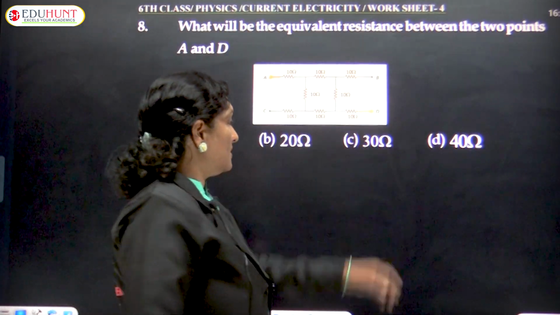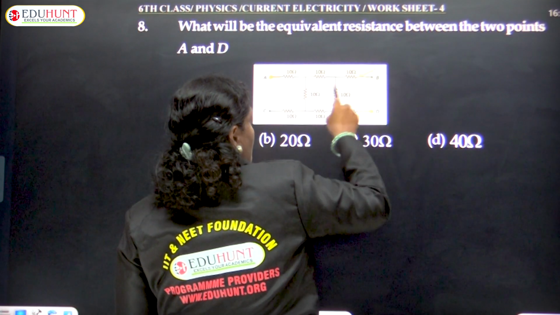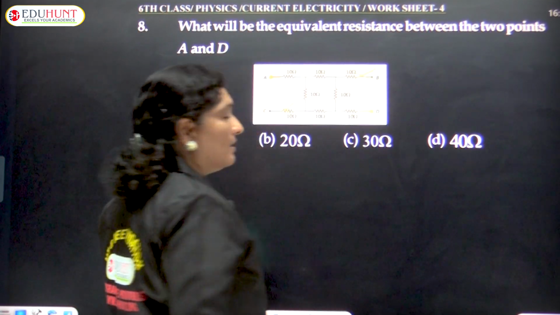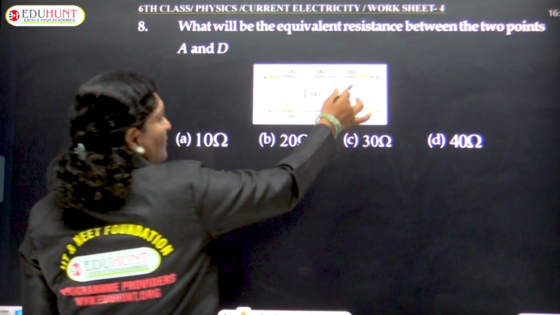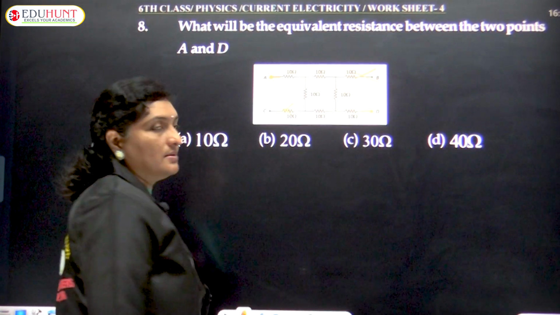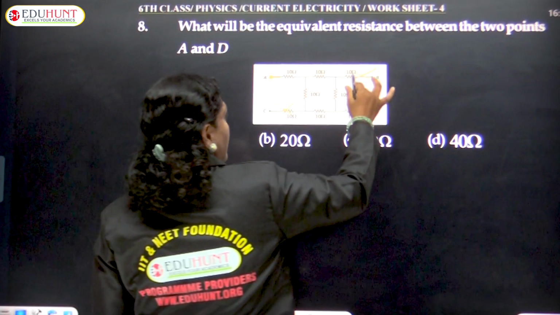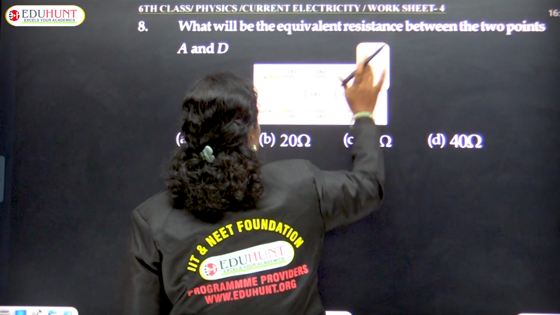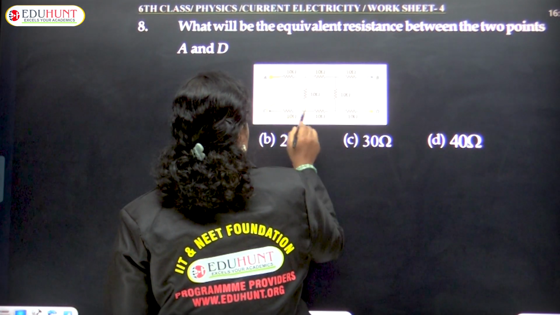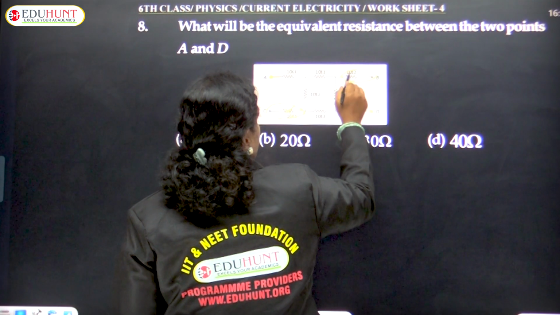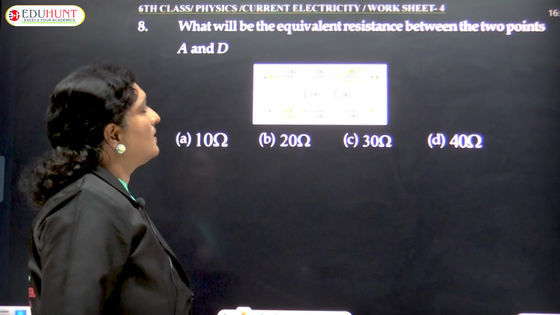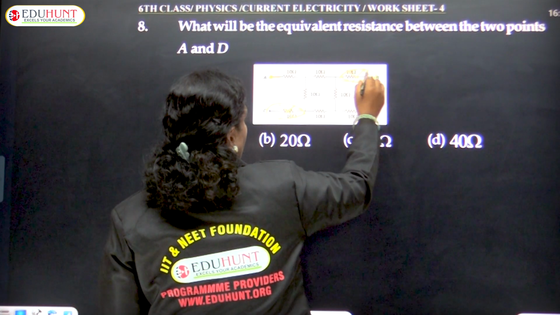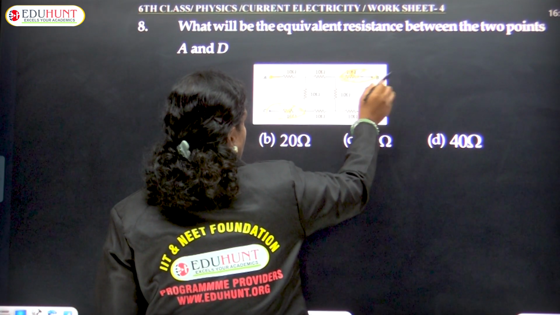But if you observe this carefully, these two resistors are of no use. Because it is not further connected to any other circuits, this can be ignored, this can be eliminated. These two resistances have no value. So, this can be eliminated, because no further current is passing through them.